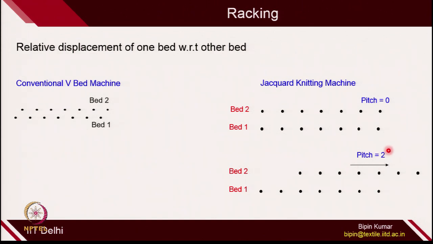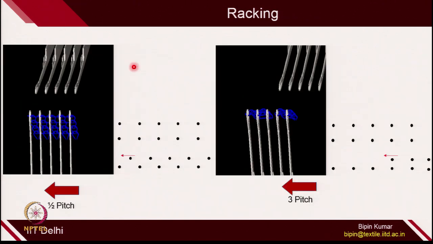So this is pitch number 2. This type of arrangement was unfortunately not possible on a manual V bed machine, but in advanced jacquard knitting machines we can shift any of the beds, especially the back bed is shifted most of the time with respect to the front bed. So this is called racking. You can see here a small video where you can understand what we mean by racking.